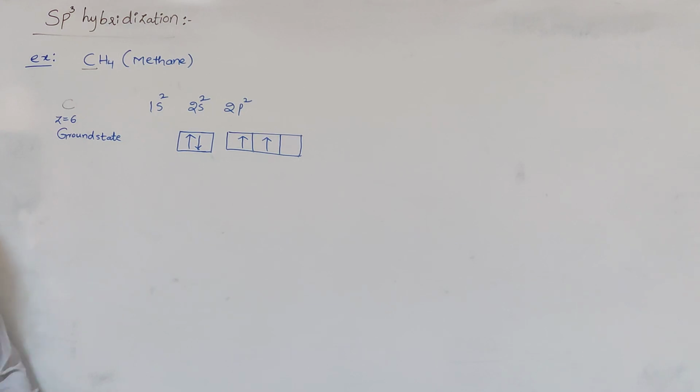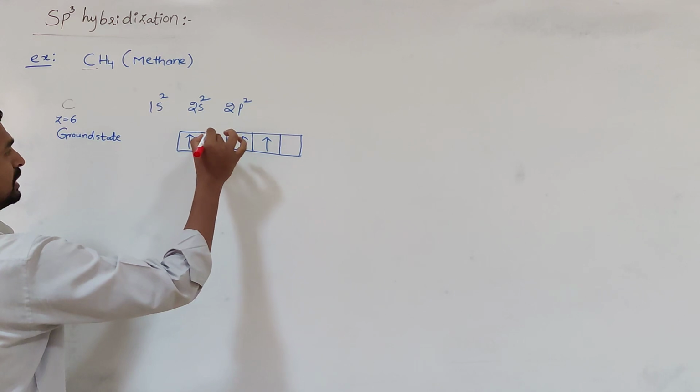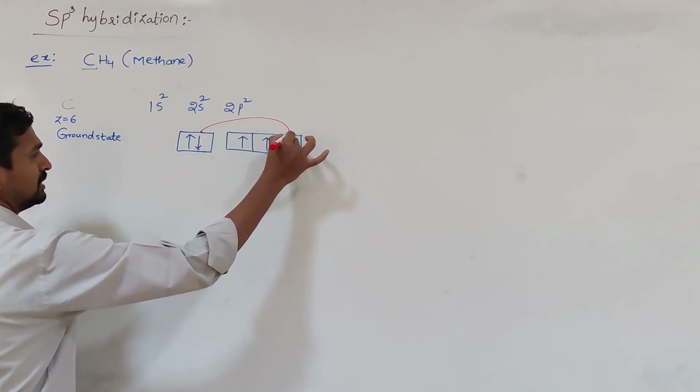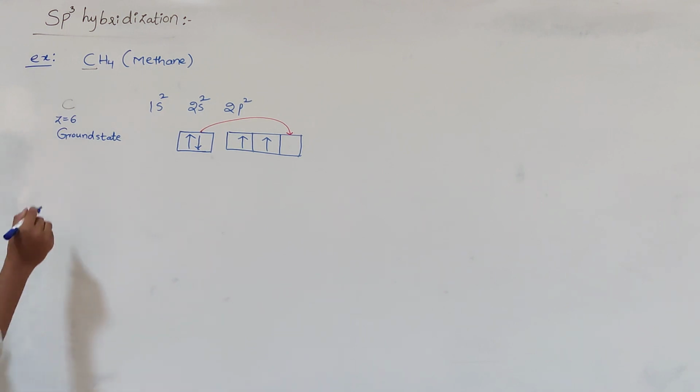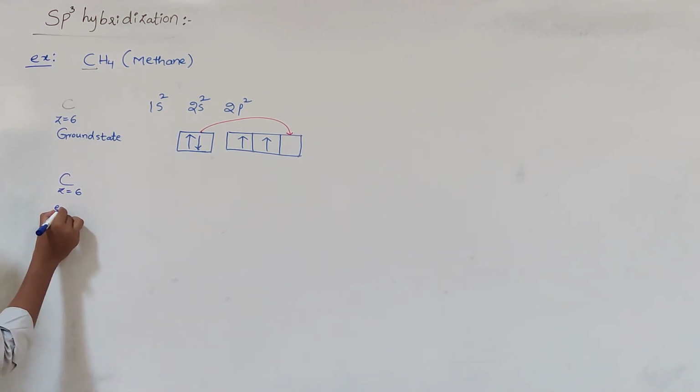But to account for the tetravalency of carbon, we definitely need to promote an electron from the 2s orbital to which orbital? The 2p orbital. So here promotion of an electron takes place so that we get the first excited state.